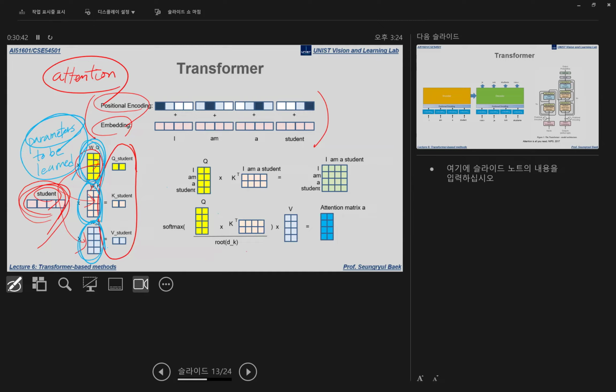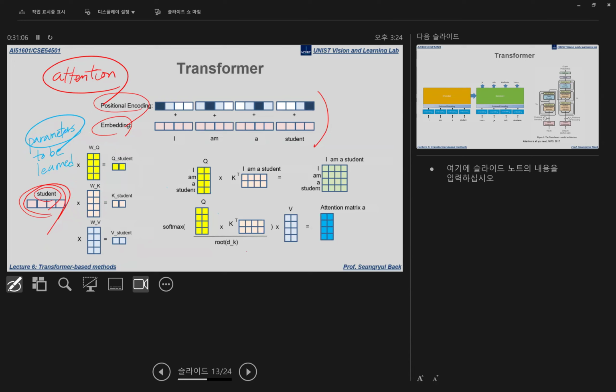And actually, these weight vectors are the parameters to be learned during the training. So for the CNN, we are learning the filter coefficients of the convolution operation, but in the transformer, we are training these weight vectors that transform the original word embeddings.